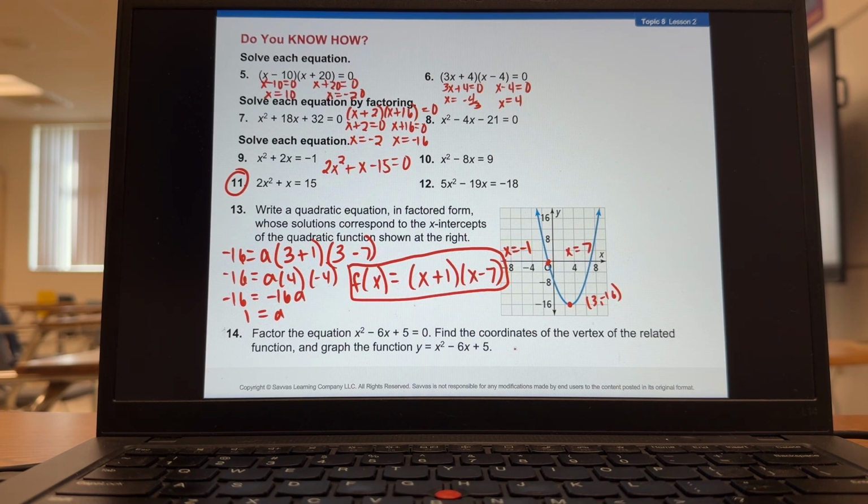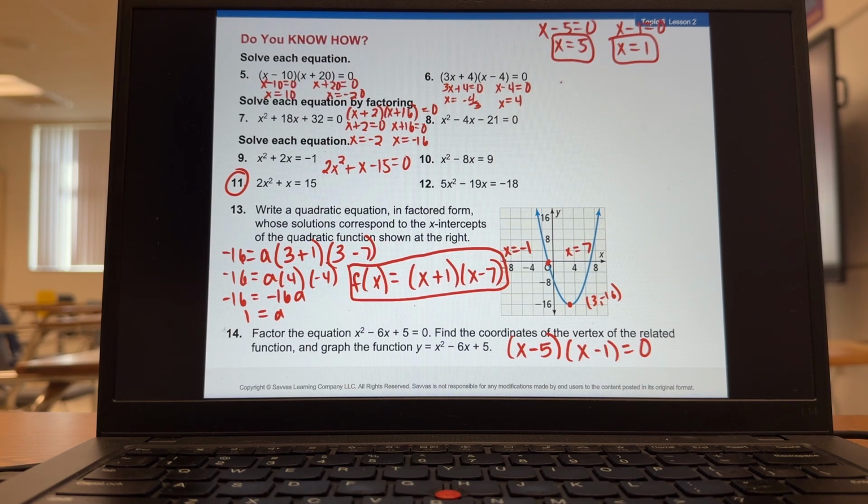Those are two negative numbers, x minus 5 and x minus 1 equals 0. So that is the factored form of that equation. And then it says find the coordinates of the vertex. So now I need to solve them. x minus 5 equals 0, x minus 1 equals 0, x equals 5 and x equals 1. Those are my two zeros.